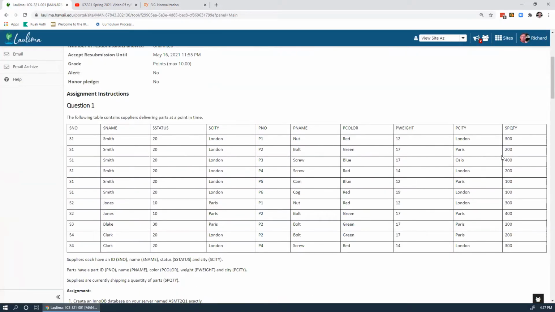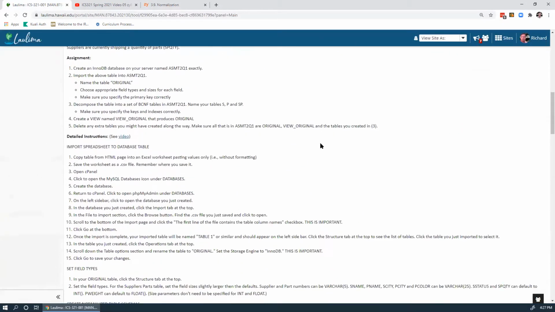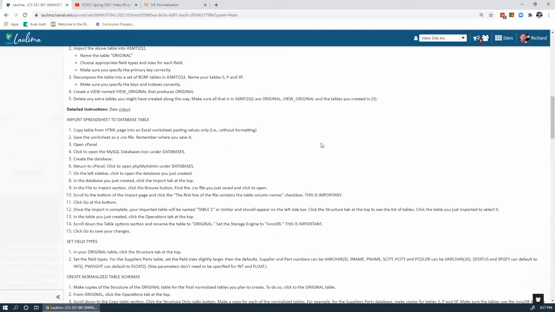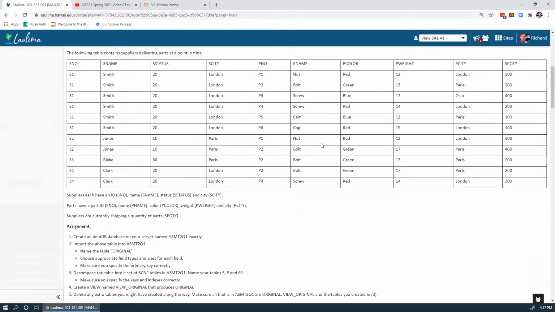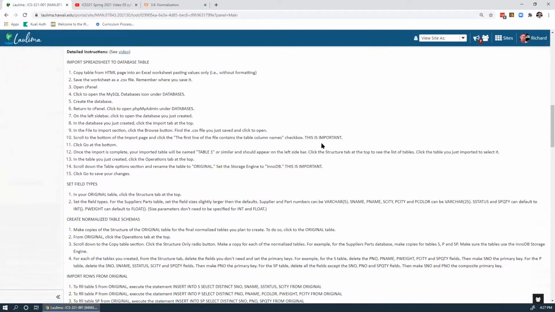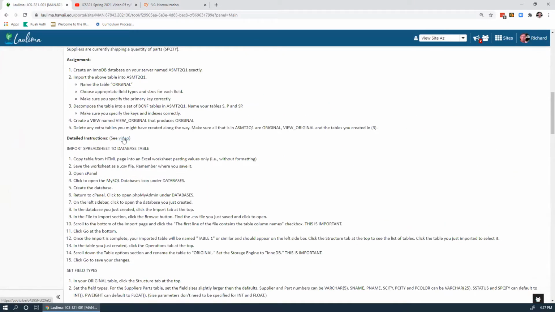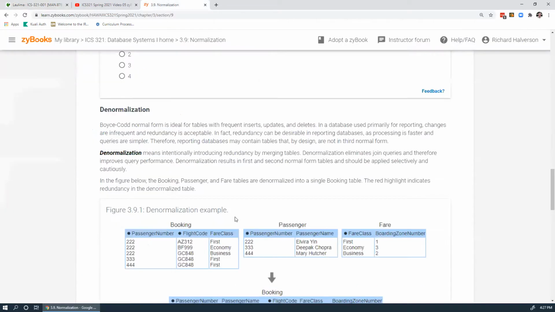So you have these big tables in first normal form, and by using projections, you convert them into the highest normal forms. And there's a video here which shows you how to do it. But anyway, that's what this is.